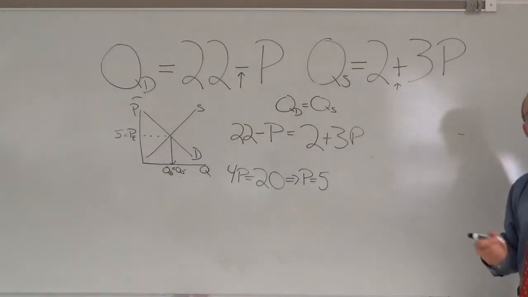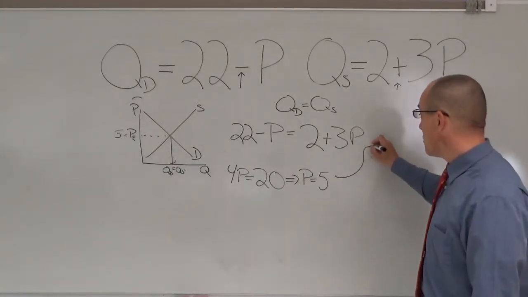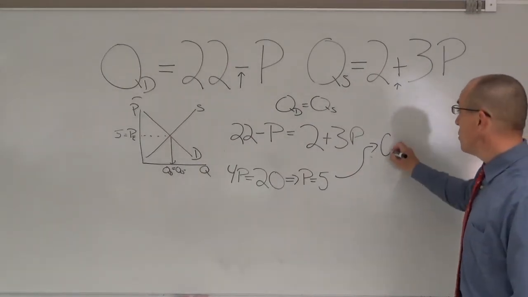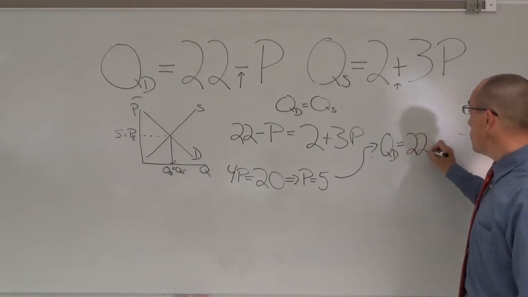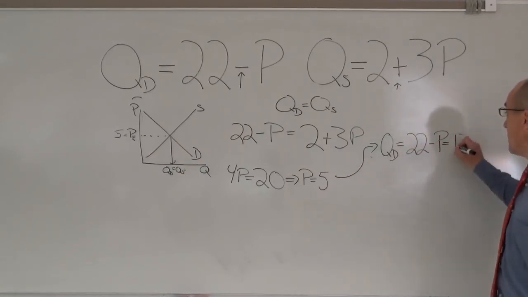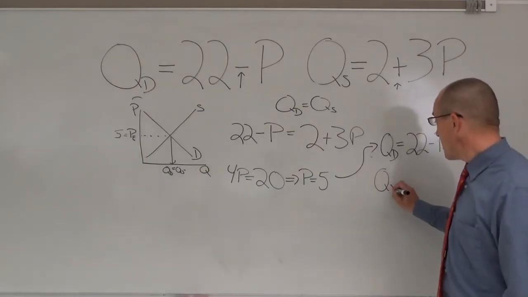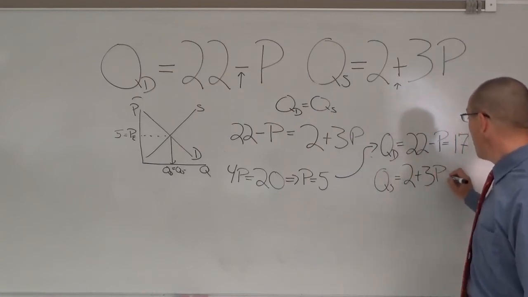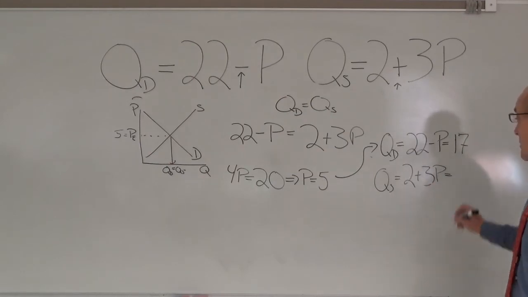And I just need to find my quantity now. So what I will do is substitute this price of 5 into my two equations. Quantity demanded is 22 minus P, which will give me 17. Quantity supplied is 2 plus 3P, which in this case, with P equal to 5, is 2 plus 15, which gives me 17.